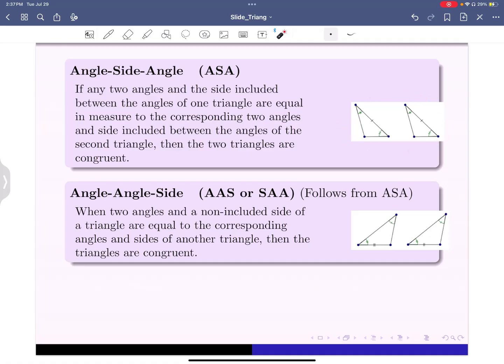And we can also have angle, angle, side, or side, angle, angle. So we have two angles and a side. And this follows from the previous case, because if two angles are equal, the third is also equal, since all three angles add up to 180 degrees.